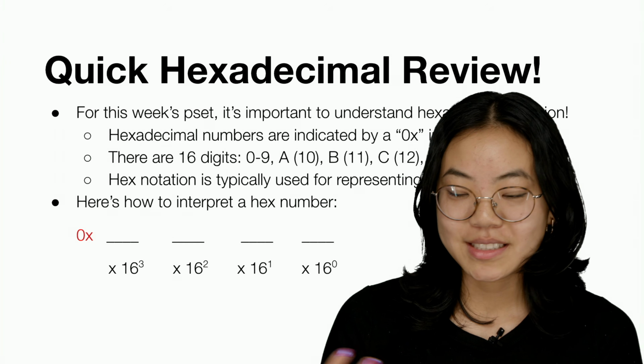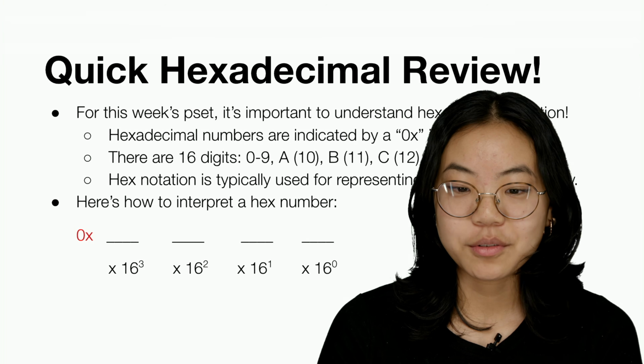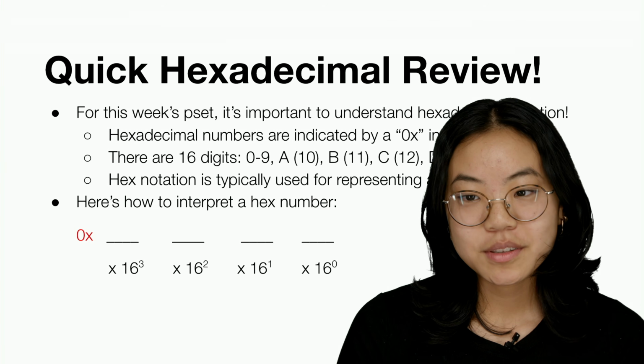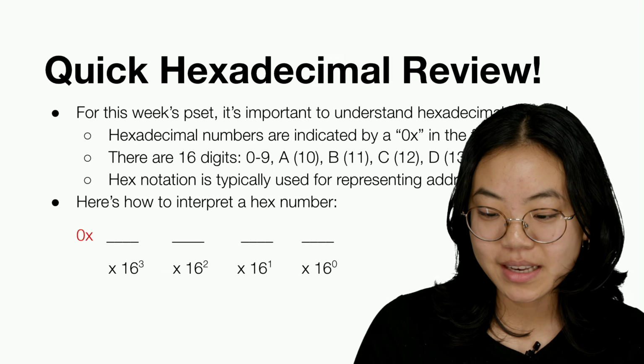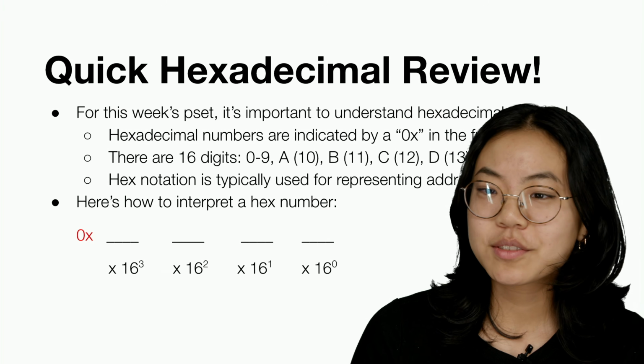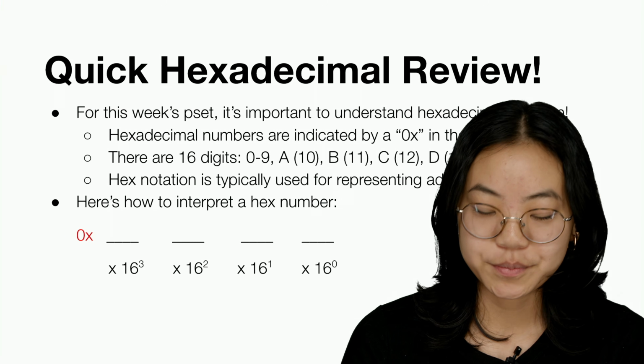And so instinctively, all of us, when we see the numbers 1, 5, will think, okay, 10 plus 5 is 15. Hexadecimal is the same logic, but now instead of base 10, we're using base 16. And the same goes for binary. Binary is just the same logic applied to base 2.